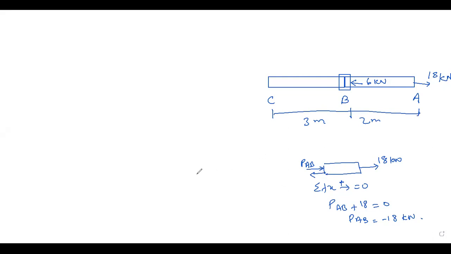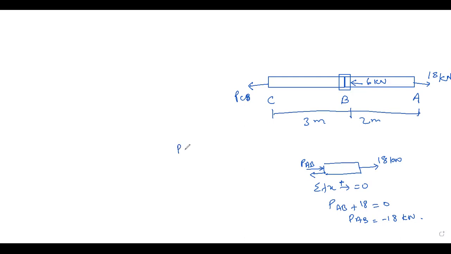Now we calculate for the member PCB. Suppose we cut the section at C here, and we say that this is PCB. I'm not going to make a new drawing. Now we assume it in the outward direction.